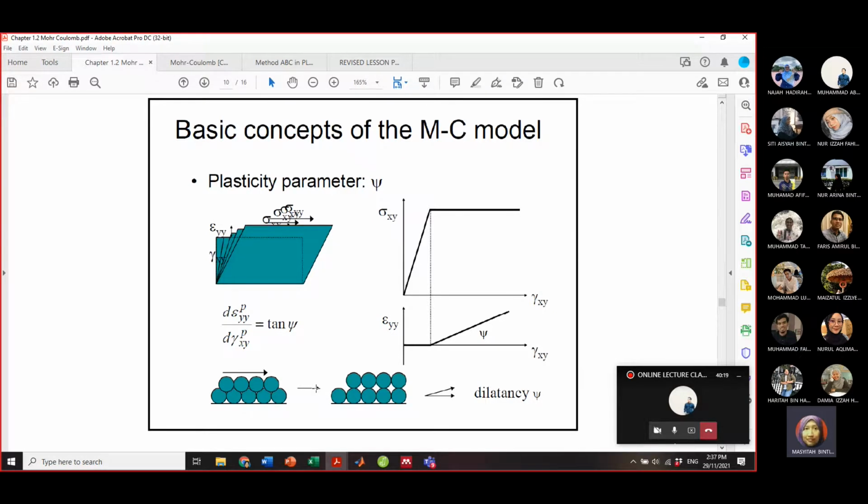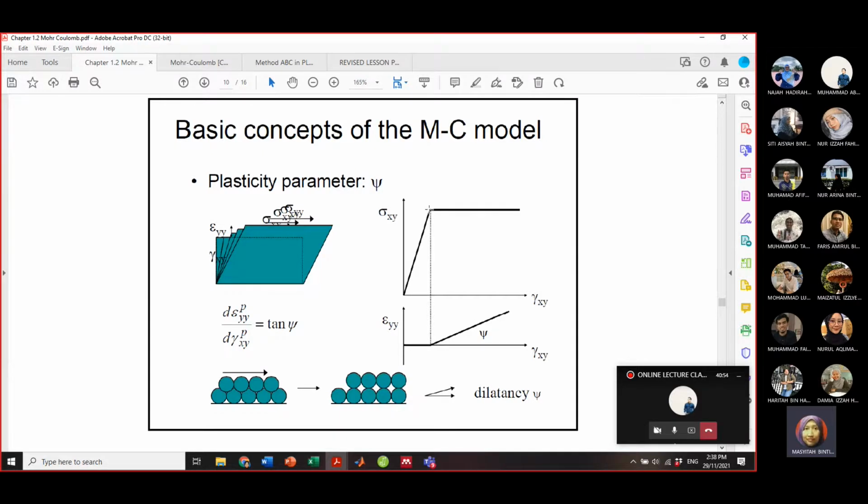So it relates to when the sample undergoes a volume change, then you want to look at the angle between particles from the initial conditions to the final conditions. So this is what exactly happens when we apply a load. When we apply load, you will see the stress increase linearly with the strain at first.